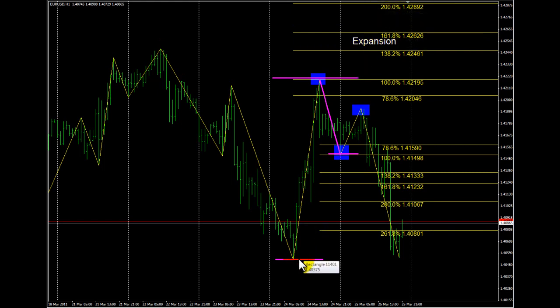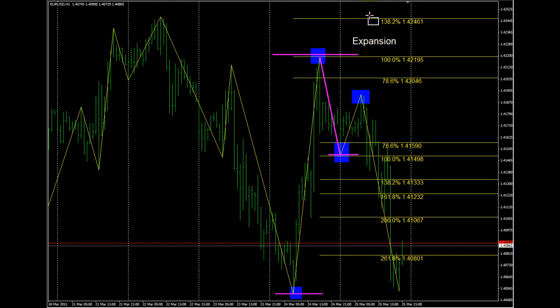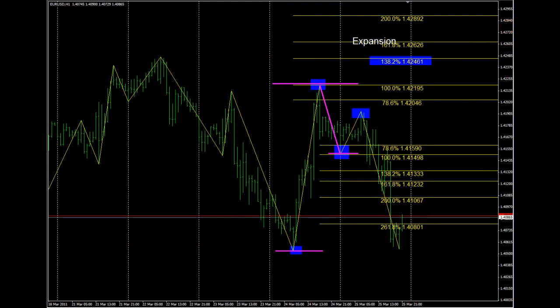So when this move occurred, went up from here up to here, down to here, the expectation was, if price were to continue going upwards, for it to hit this level, or that level. Okay, that's the expectation for an expansion, expanding the smaller retracement range outside of the bigger swing.